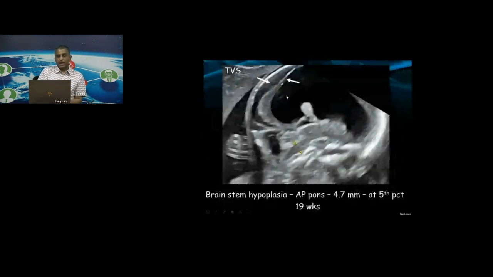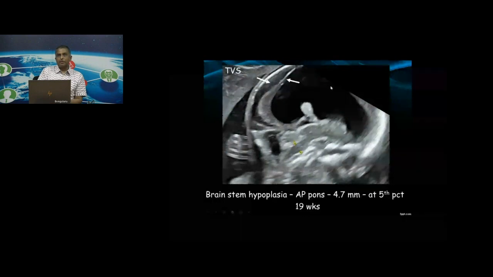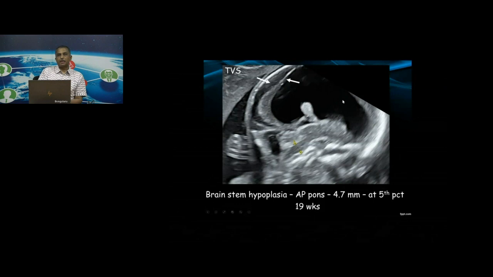You can see that I'm not showing you the midline structures because one of the ventricles has actually trespassed into the midline, and that is the ventricle that you see here. You find that there is very thin cortex. You find that the pericerebral space is really increased, and the posterior fossa has an additional finding.